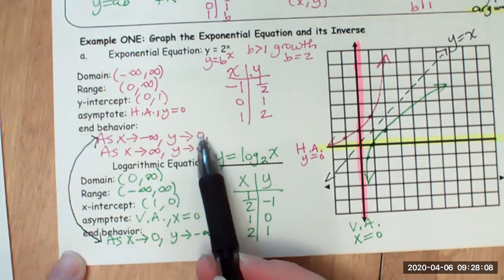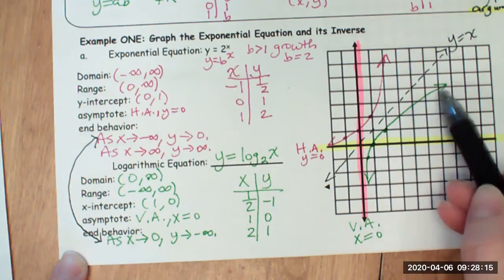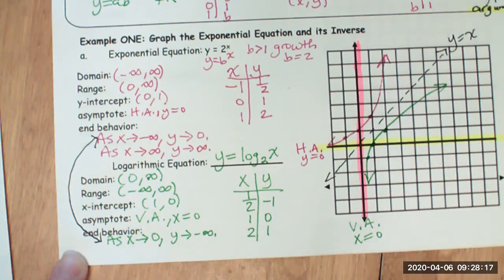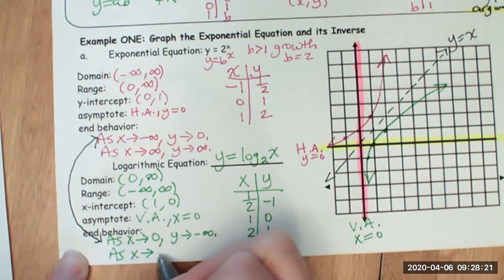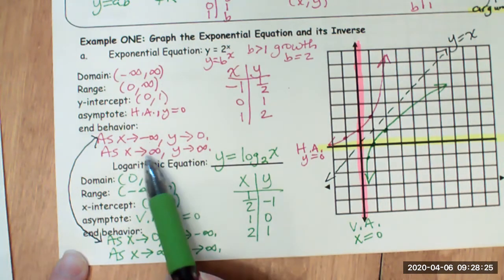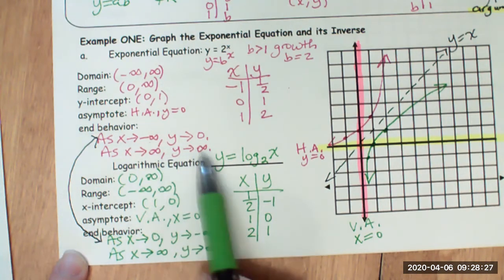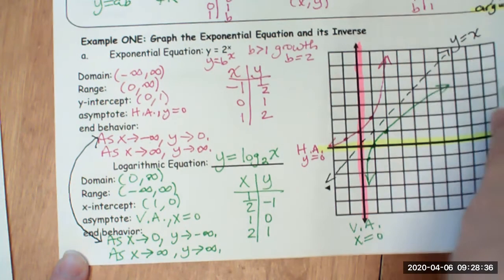Negative infinity, 0, 0, negative infinity. And for the other direction, as x approaches infinity, y approaches infinity. And that makes sense because if I flip-flop these, I'm still going to get the same thing, infinity and infinity. All right, so we're going to move on now to a few more examples.